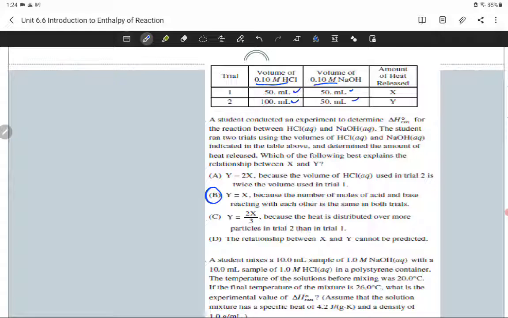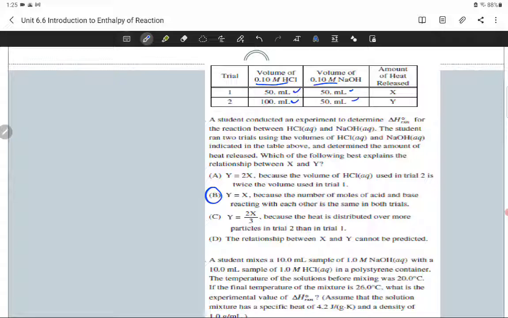In trial 2, there's less sodium hydroxide, hence sodium hydroxide is the limiting reactant. So it turns out that they're both having the same amount of limiting reactant in both trial 1 and trial 2. This question I don't think is going to deal with that. They don't have the same volumes. So in trial 1 you use a total of 100 milliliters. In trial 2 you use 150 milliliters.